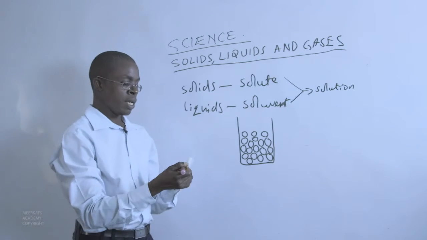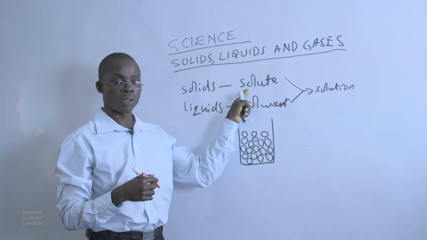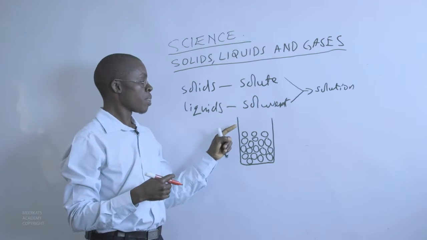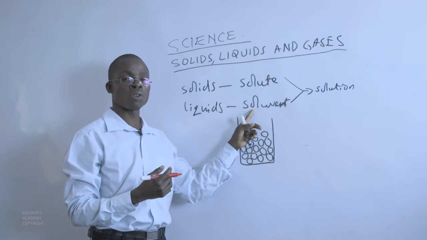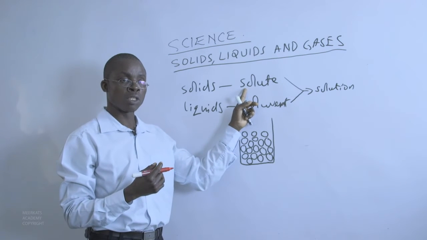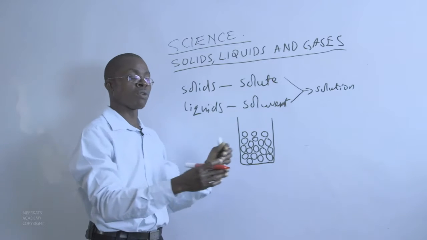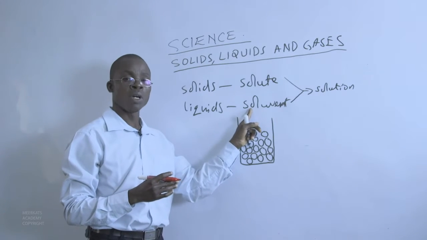Let's use the red to show particles of a solid. Remember, movement or rolling belongs to the particles of a solvent, not the solute.